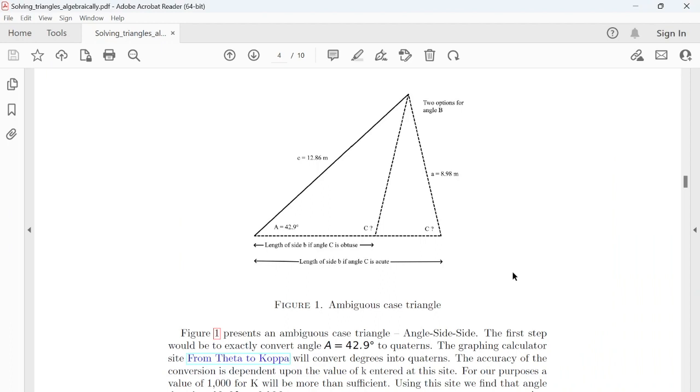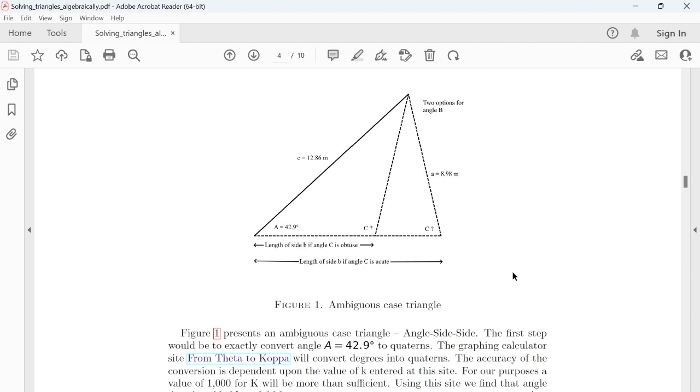The first thing we're going to do is the only transcendental part of all this. When you go from degrees to quaterns, or from radians to quaterns, that aspect is actually transcendental, and you have to use infinite sums to go back and forth.